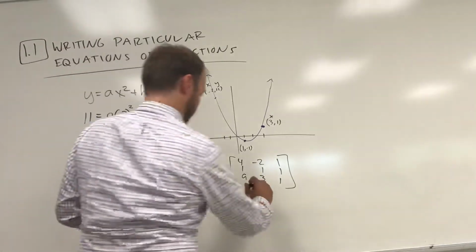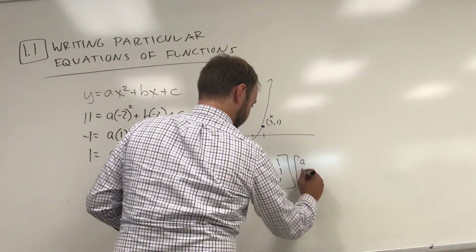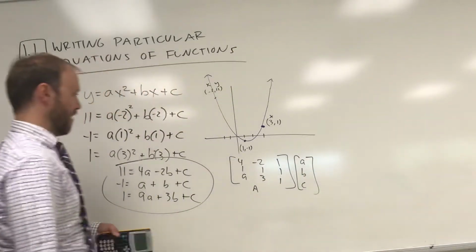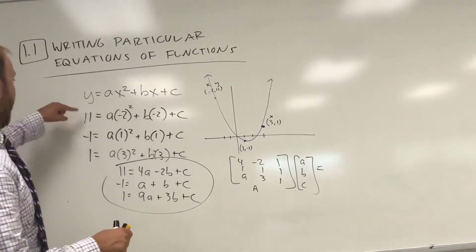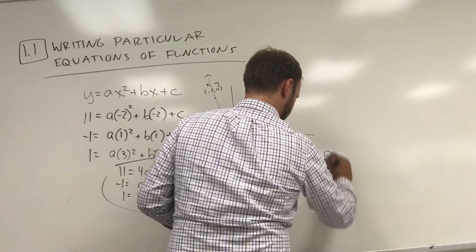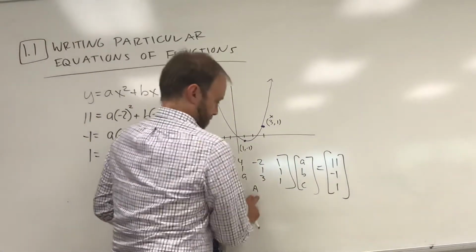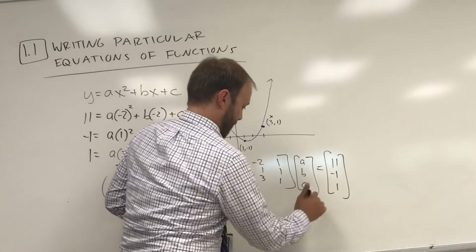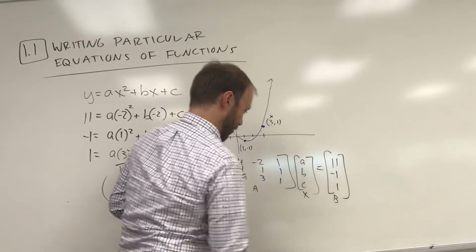That we could maybe call matrix A. You're multiplying by a variable matrix. We have a, b, and c variables we're trying to solve for. And we want to get a result of 11, -1, and 1. So remember how this works. Call this matrix A times matrix X is equal to matrix B.